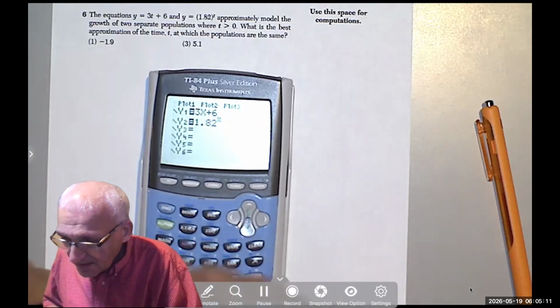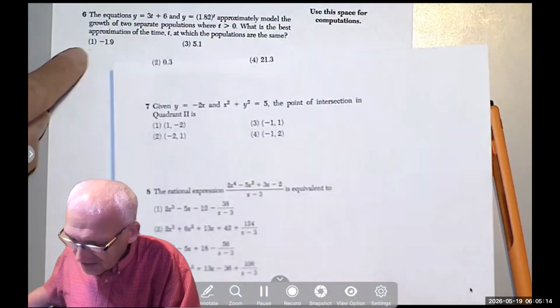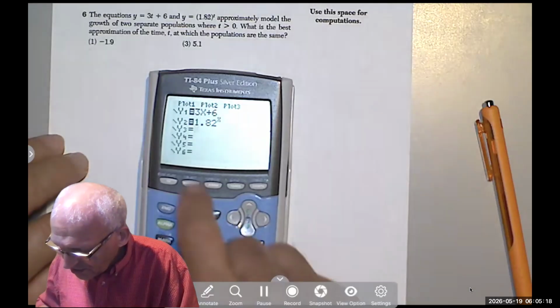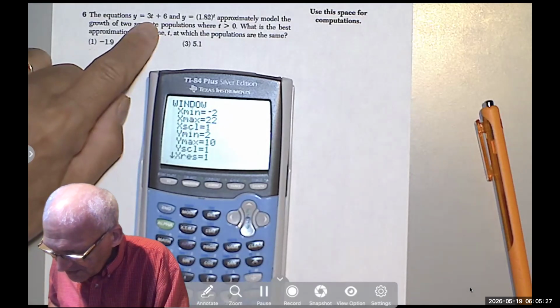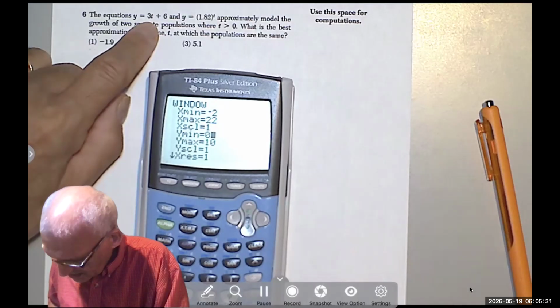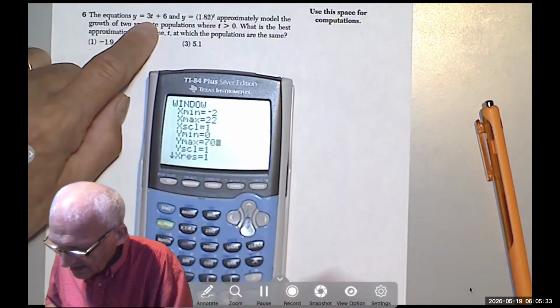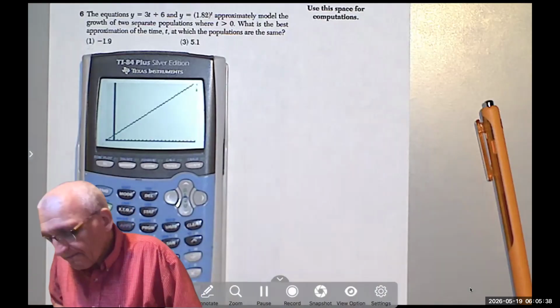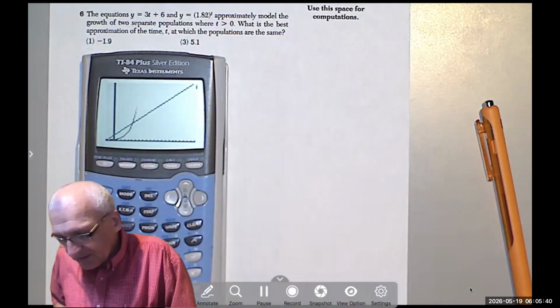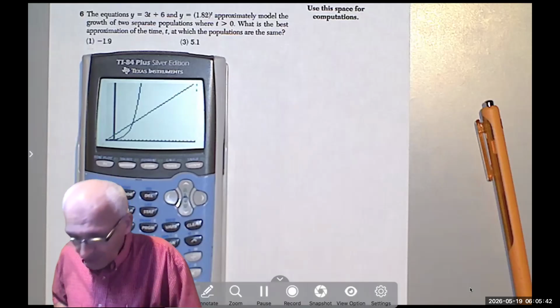Since they give me values between -2 and positive, let's say the window, I will go from -2 to 22, for example. And then for y, I go from 0 up to maybe 70, something like that. And I graph it. Then I look at the point of intersection.